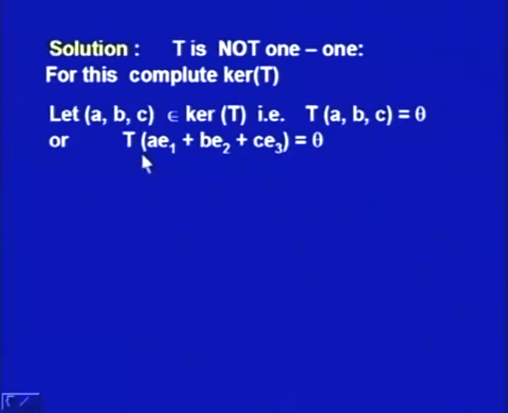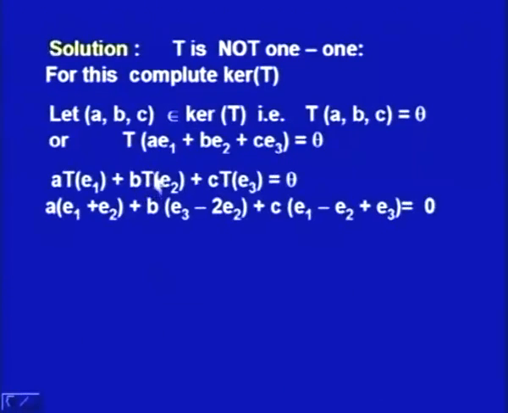We write down the vector (A, B, C) as a linear combination of base vectors E1, E2, E3. So T of A E1 plus B E2 plus C E3 is equal to theta, and we know that T is a linear transformation.